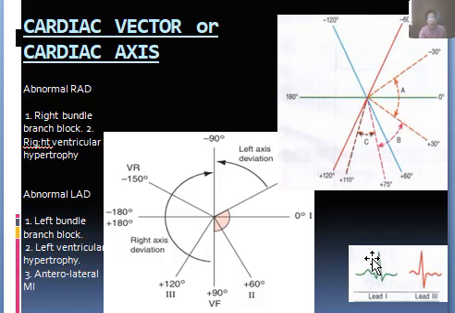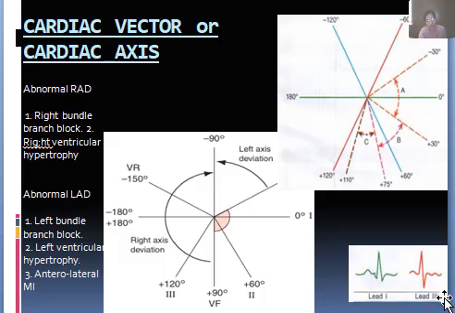Then count the S wave. Suppose the S wave is a negative wave, count those squares: 1, 2, 3. Suppose 3 squares, so minus 3. So what is the magnitude? 9 minus 2, that is 7.